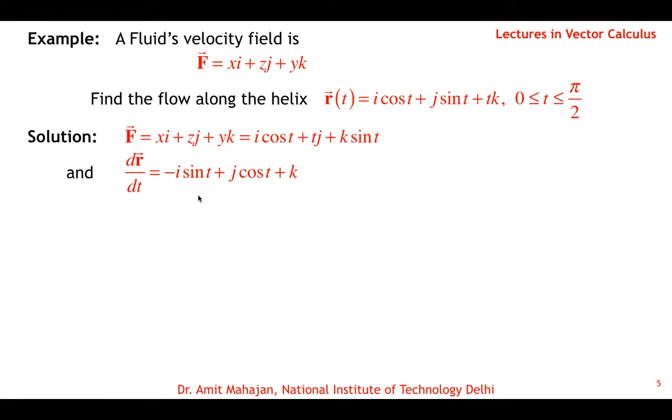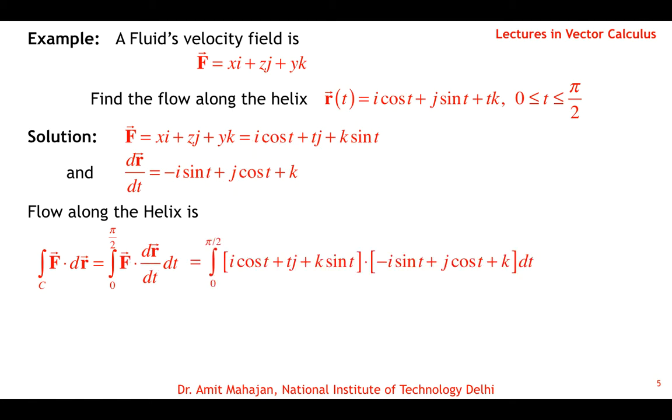So the flow along the curve we can calculate using the line integral: F dot dr over the curve, where t varies from 0 to pi/2, of F dot dr/dt, their dot product. The dot product of these two gives minus cos t sin t plus t cos t plus sin t.